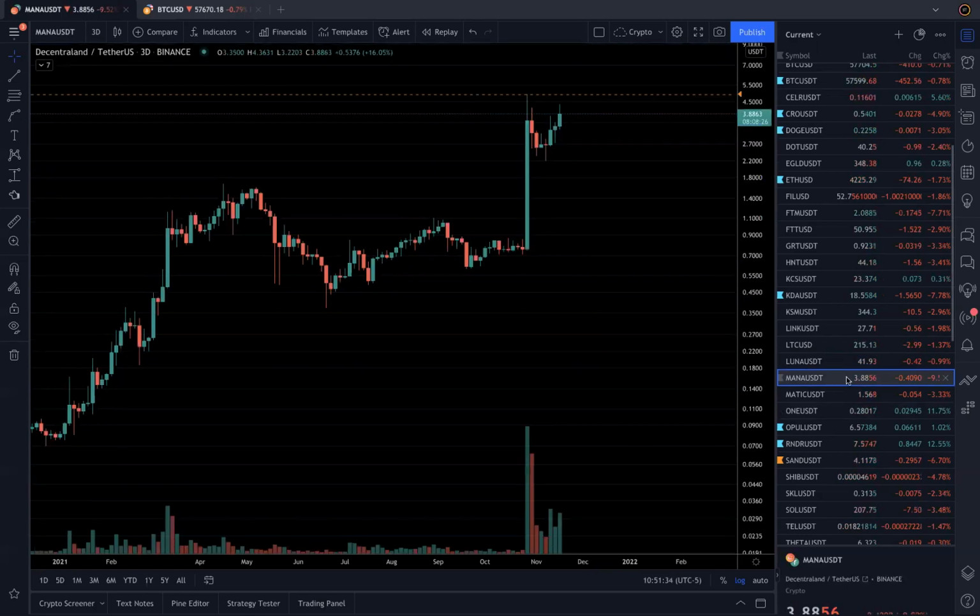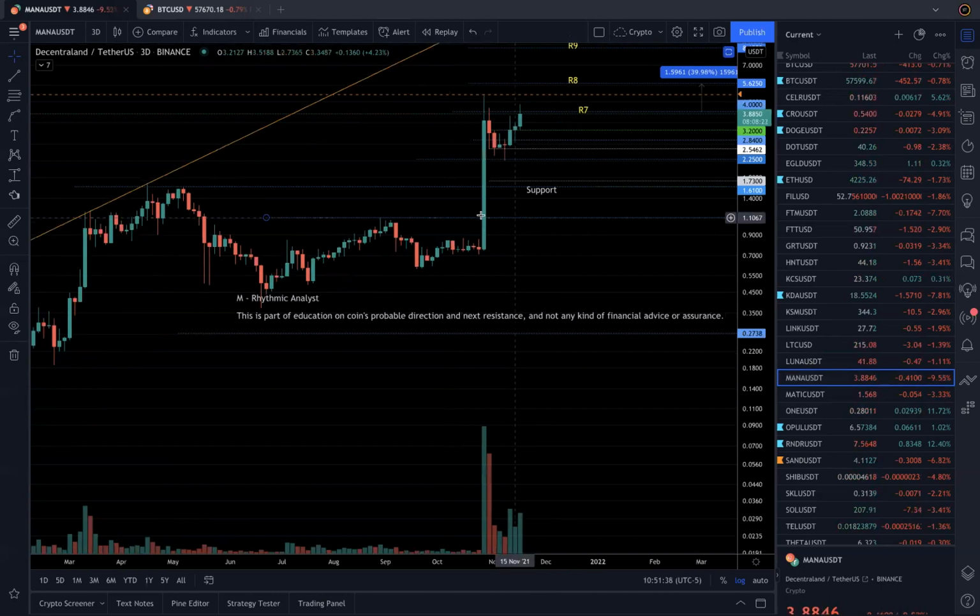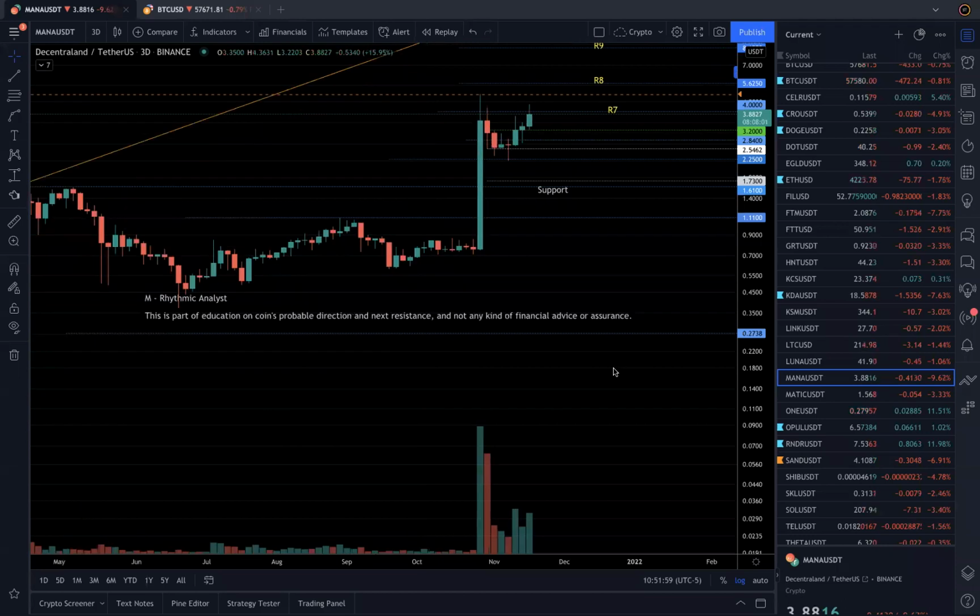MANA was really doing well yesterday, and the structure was still good. So I would not say that it's at risk. But when you deal with this MANA coin, be ready for the volatility because it swings a lot. You've got to be prepared for this volatility. If you are not someone who can handle this much, you can look for an alternative, or you may reduce it. Sometimes reduction gives some relief.